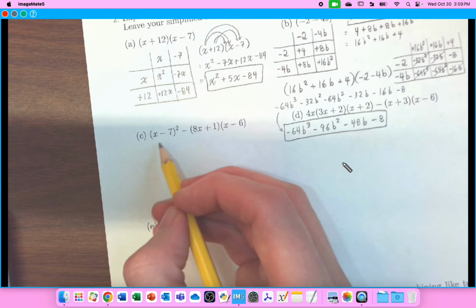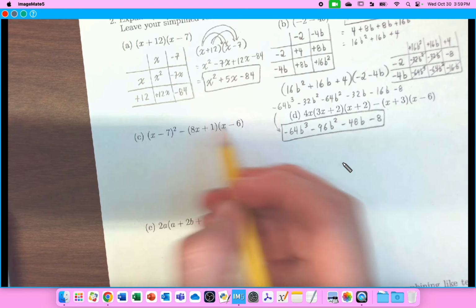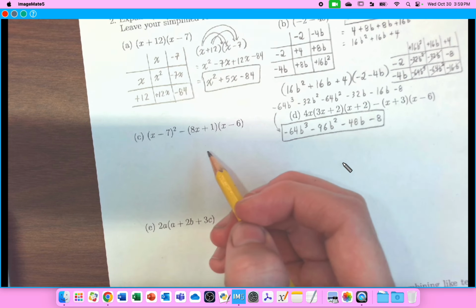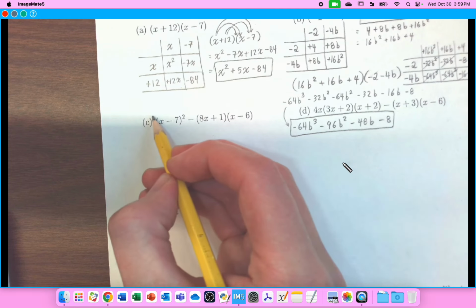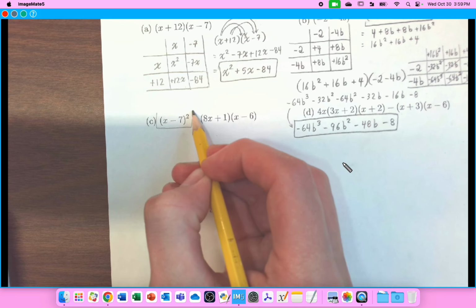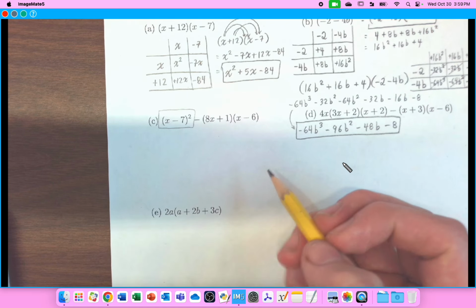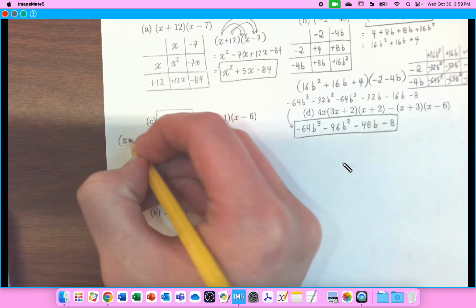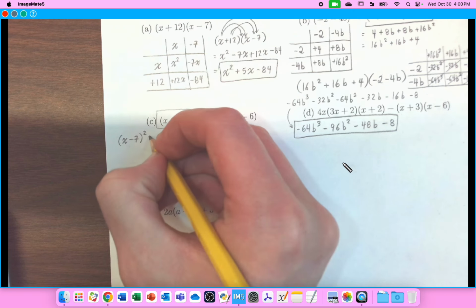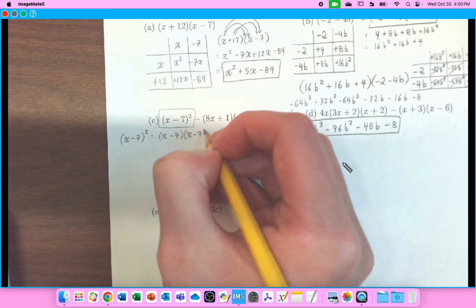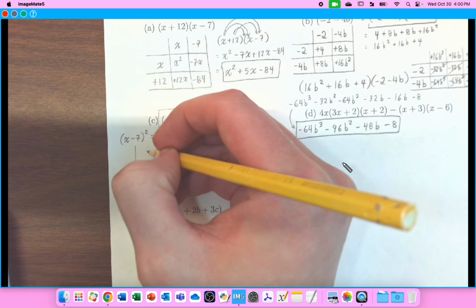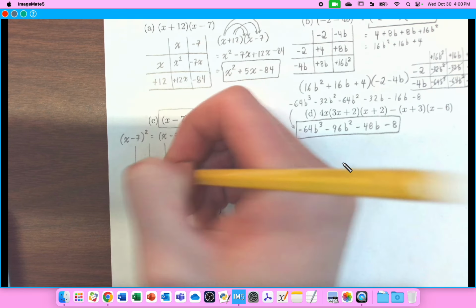So here, I'm looking at this. I need to think about bed mass, to be honest. So if I focus on bed mass, I know I want to deal with this exponent first. X minus 7 squared equals x minus 7 times x minus 7. Let's just draw our little box.